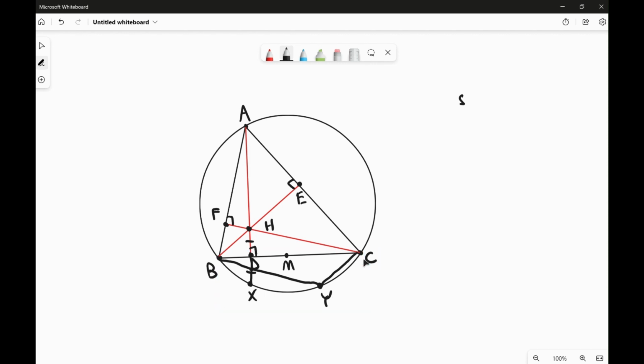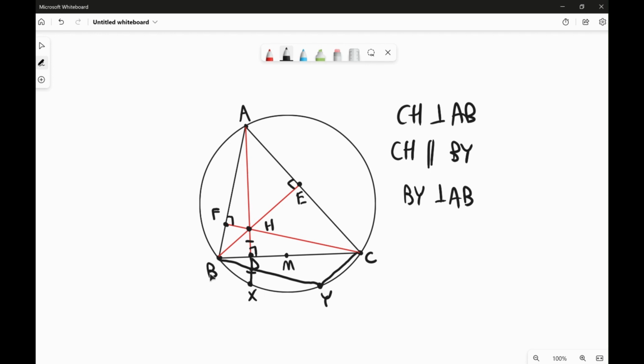Well, by definition, we have that CH is perpendicular to AB. But then CH is parallel to BY. So it should be pretty obvious that BY is perpendicular to AB.